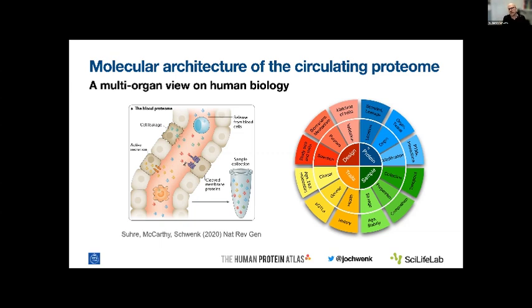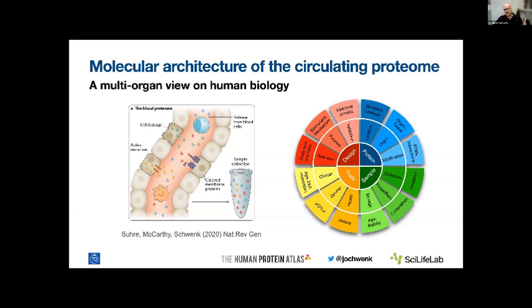The next thing is the sample, and this is unfortunately still so underrated as a component contributing tremendously to the quality of our data. That means we need to know when a sample was collected, how it was collected, stored, and processed.